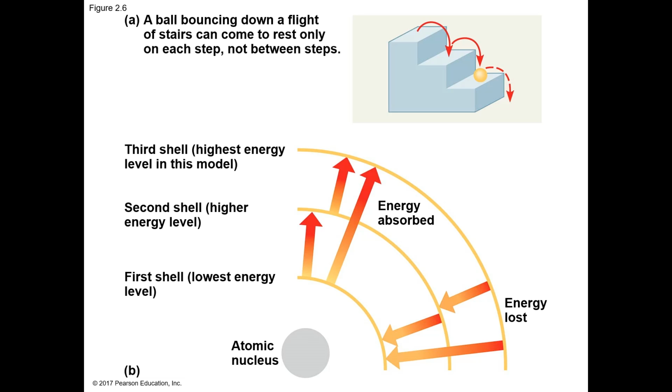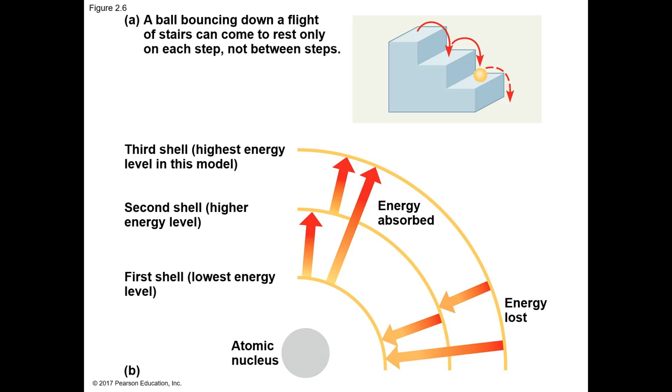So for instance, if you have your atomic nucleus in the lower diagram, the big gray ball at the bottom of the screen, and you have these rings that go around it, each of these is depicting an energy shell, and the further you go out, the more energy is required to be in that orbital. So as you go further out, energy is being absorbed. As you jump back in, you're releasing some of that energy to drop to a lower energy level as you move closer to the atomic nucleus.